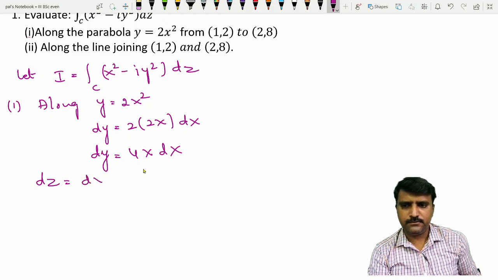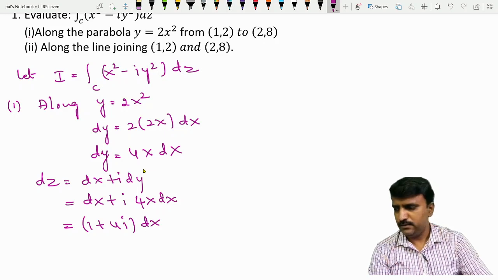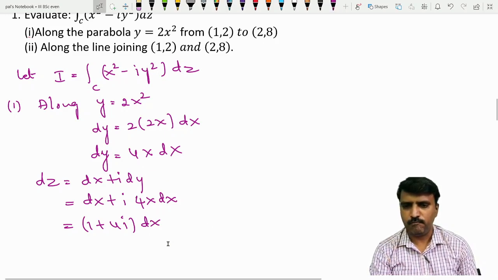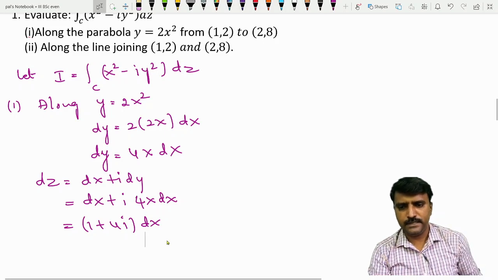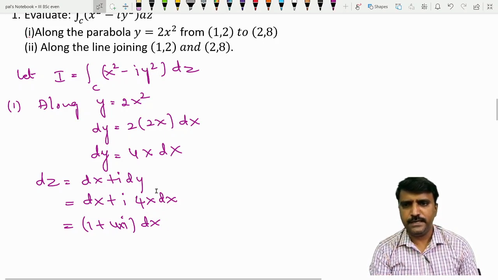Here dz is equal to dx plus i into dy, which is equal to dx plus i into 4x dx. Simplifying this, it is 1 plus 4xi into dx. Now substitute this in I.